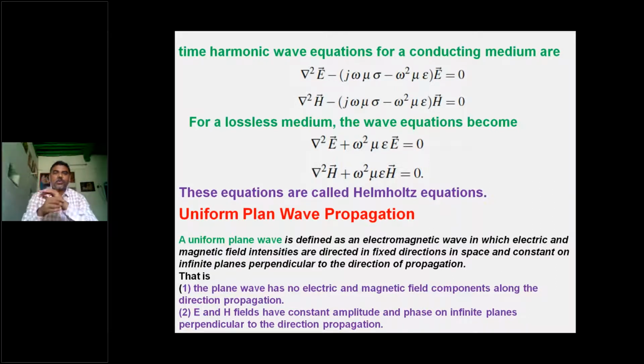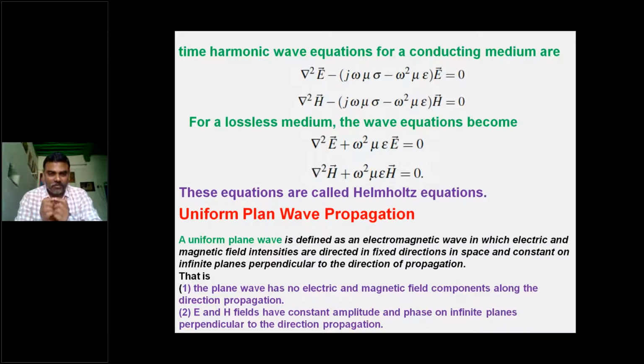Now let us see what a uniform plane wave is. The wave varies in accordance with time and distance. For an electromagnetic wave, if both E and H are perpendicular to each other, and at the same time there is no component of E or H along the direction of propagation, then you can call that a uniform plane wave.